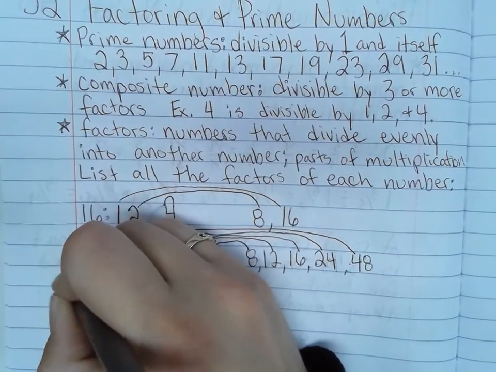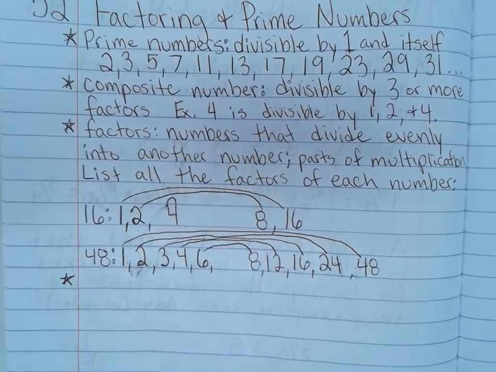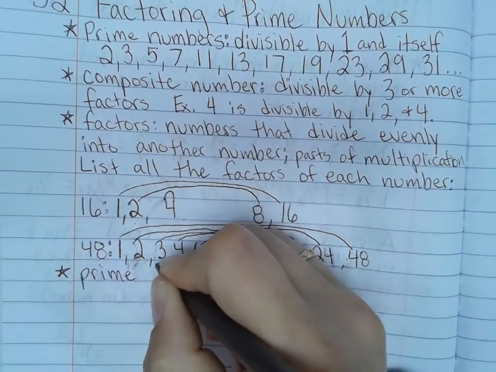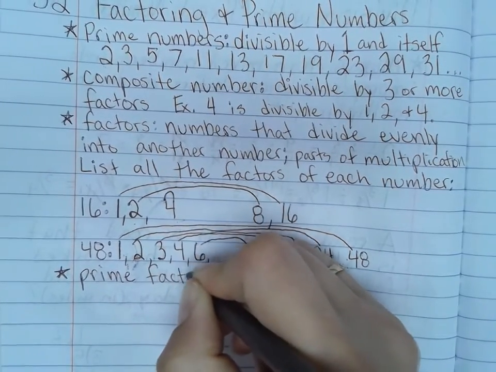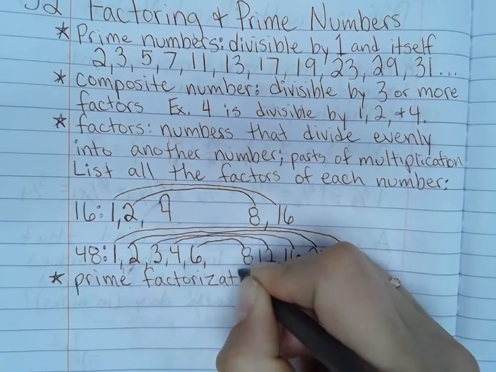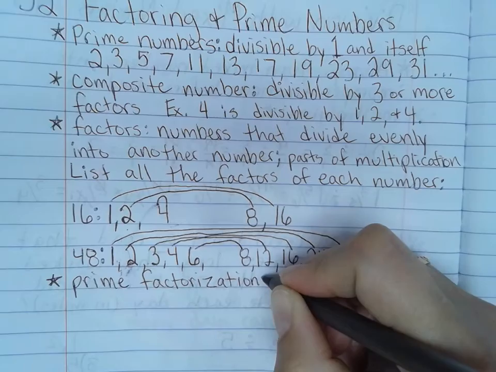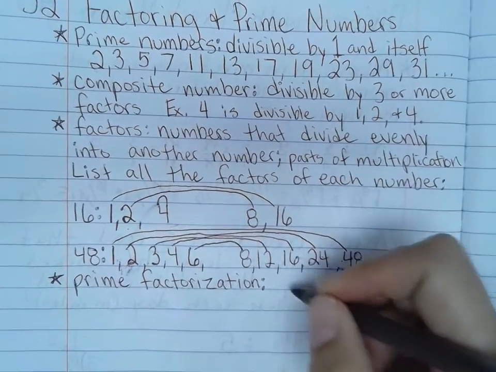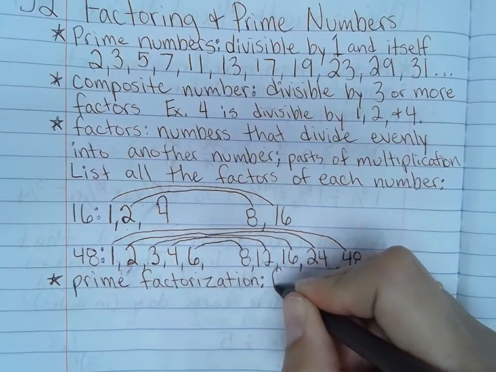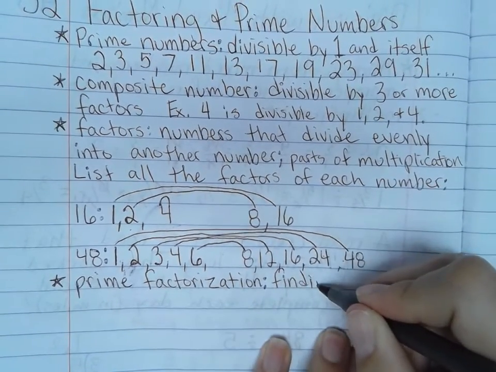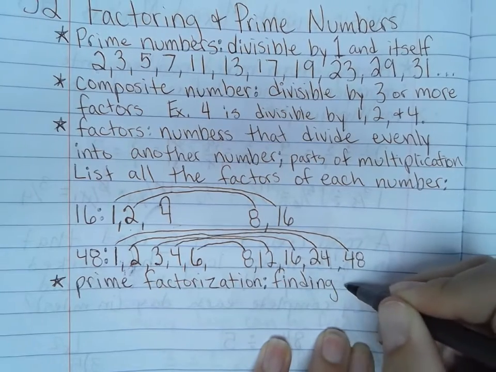Alright, another little definition. Okay, prime factorization. So what we just did was we listed all factors of the numbers. Prime factorization is finding every prime number.